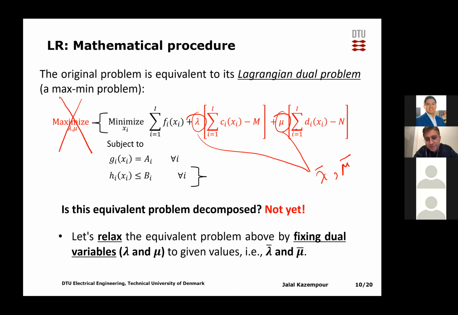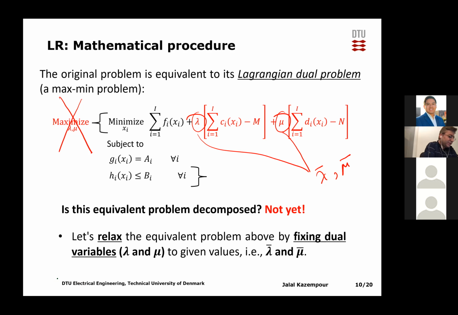Now, is our problem decomposable? Any clue? Any answer in the chat box? Akilas says yes. Akilas, how? Well, now since lambda and mu are fixed, they are parameters, we can just do the multiplication, and we can see that there are no coupling constraints nor variables.